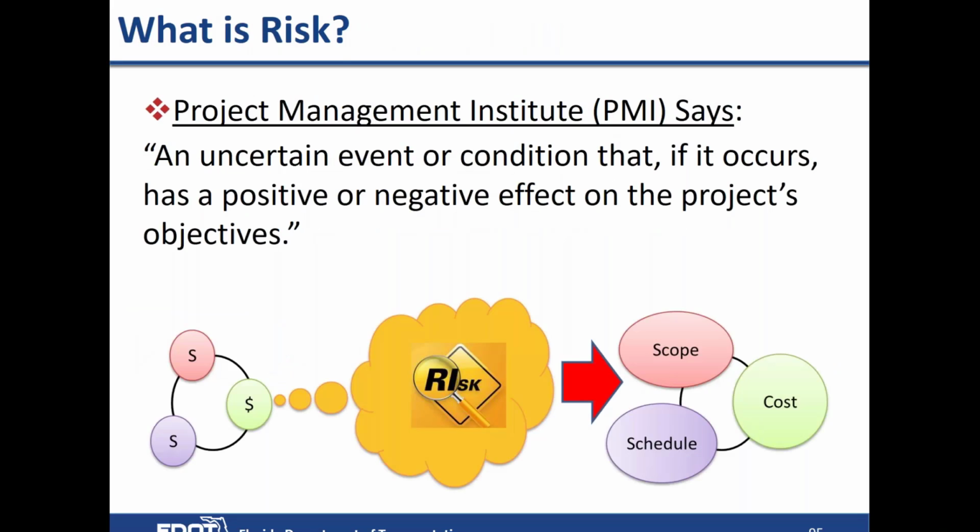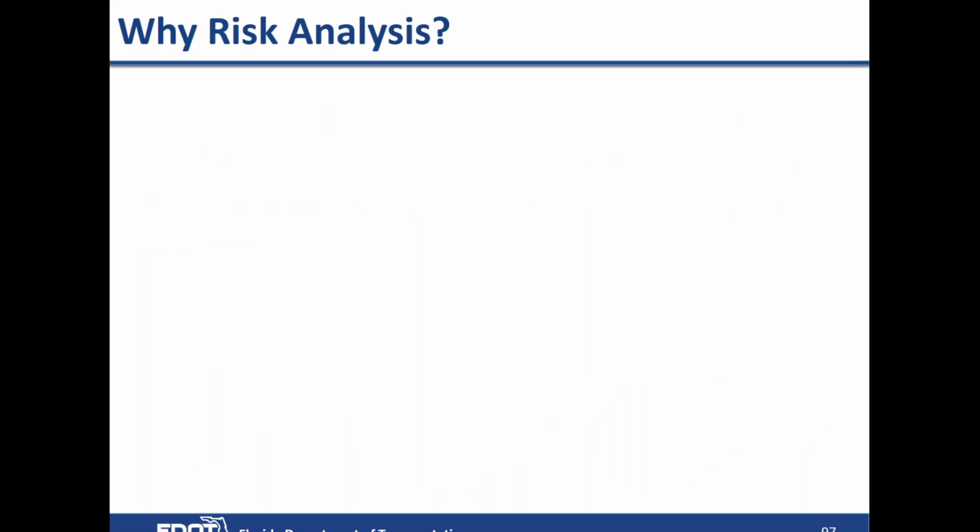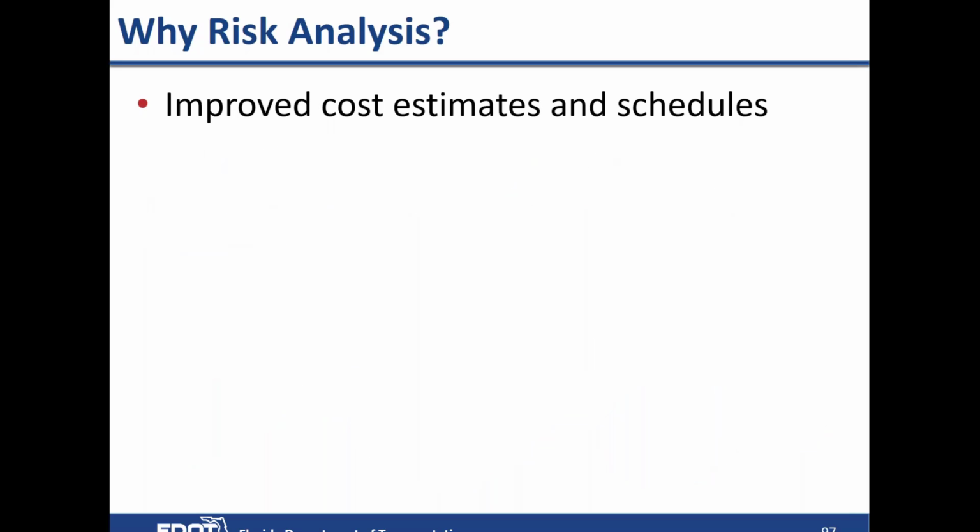So in project management, what is risk? Well, PMI defines it as an uncertain event or condition that, if it occurs, can have a negative or positive effect on a project's objectives. Why risk analysis? To improve cost estimates and schedules. Really, it's to validate the cost and the schedule.